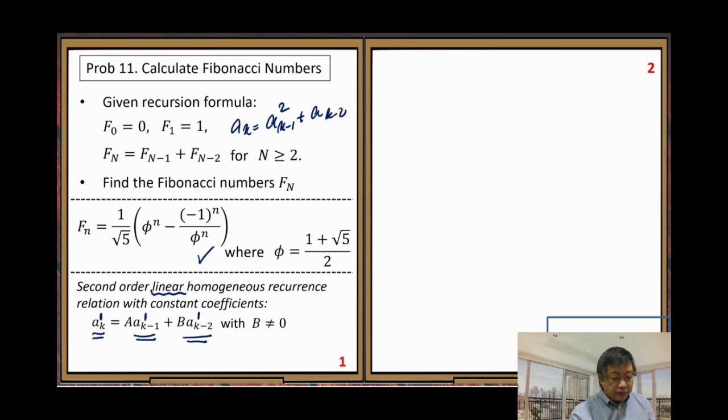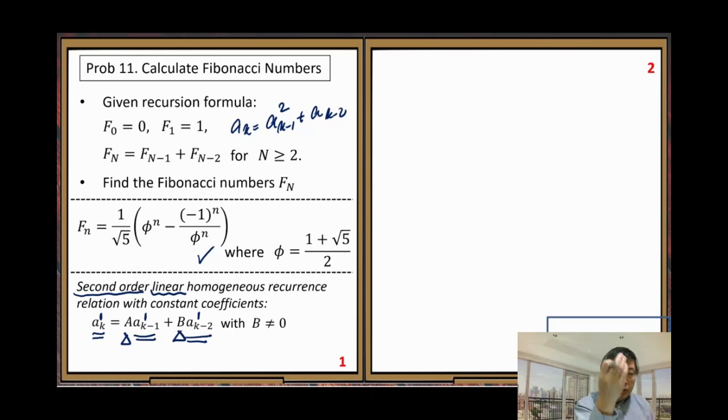Second, constant coefficient. Capital A, capital B, both fixed constant numbers. Then, second order. What do you mean second order? Look at the subscripts of all these sequence numbers.